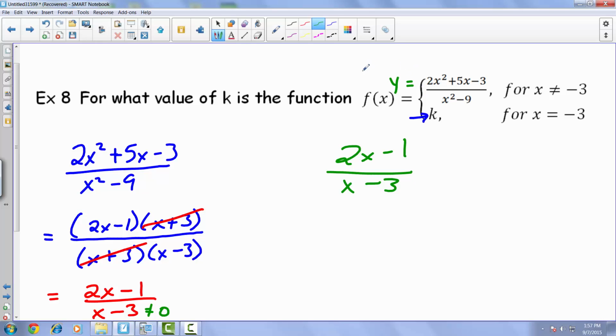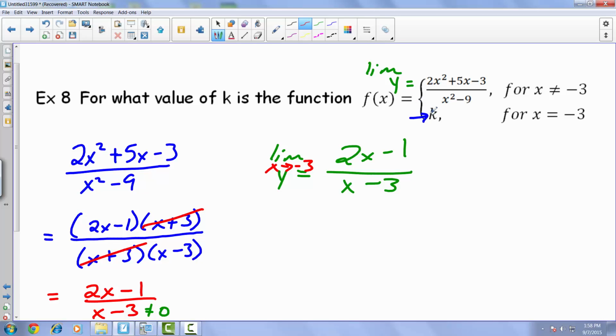You could take the limit of this entire piece, or, since 2x minus 1 divided by x minus 3 is just a derivation from our original, we can apply that limit to it. The reason we take the limit is that we want to know what is happening at specifically this x value, -3. So what we care about is the limit as x approaches -3 of our simplified function.